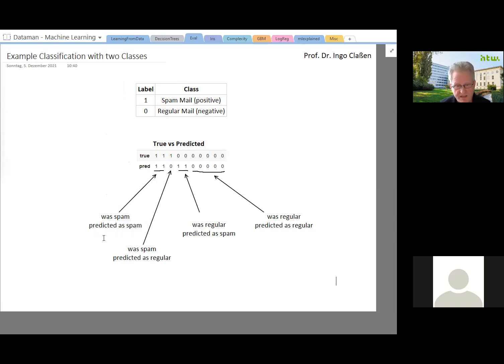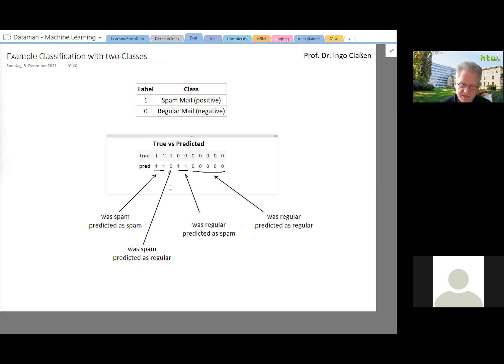If we look at the output, we see the following. For example, the first one was a spam mail, and the predictor has predicted it as a spam mail. And the second one was also a spam mail, and it's also predicted. Of course, this is something we would like to have.